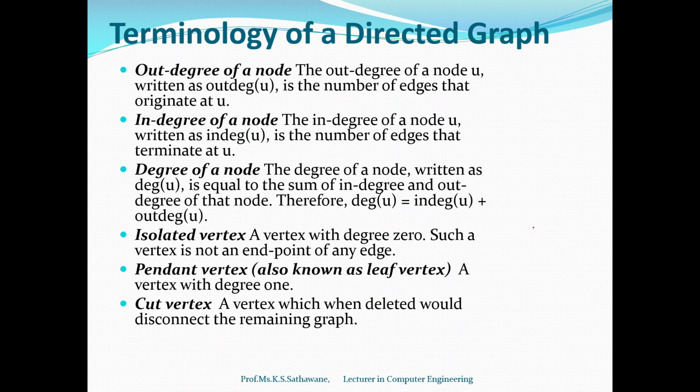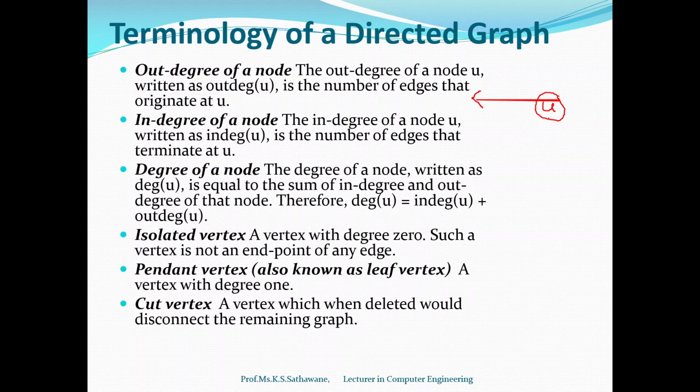Now let us move on towards the terminologies of a directed graph. So, out degree of a node. The out degree of a node U, written as outdegree of U, is the number of edges that originate at U. Means what?